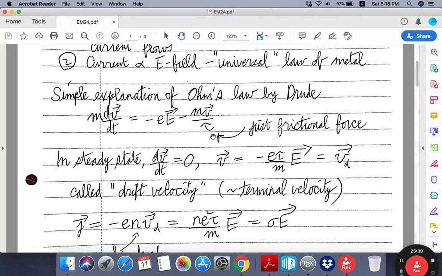Some of these collisions will be elastic, meaning that the electron energy remains the same both before and after the collision. However, inevitably there will be processes where after the collision, the electron will have lost some of its energy. That sort of collision is known as the inelastic collision, and such inelastic collisions are the source of this relaxation time tau.